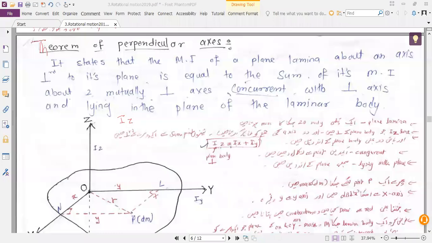Okay, now I'm saving this part. This is physics. So see, I saved your attendance.